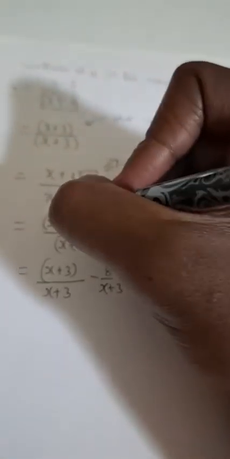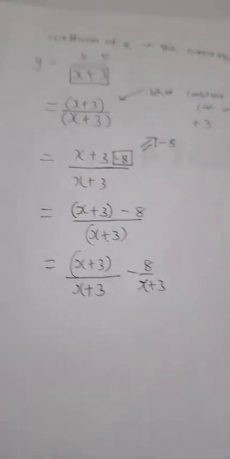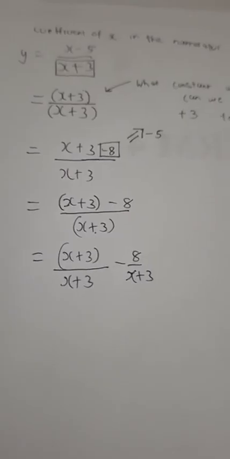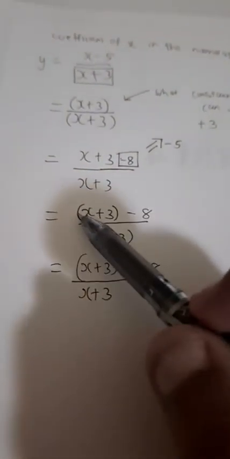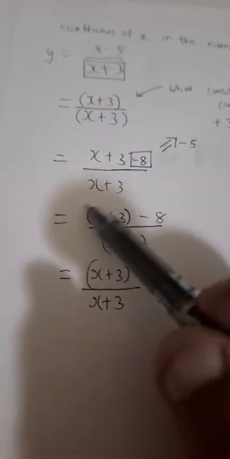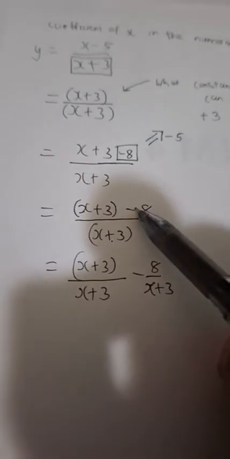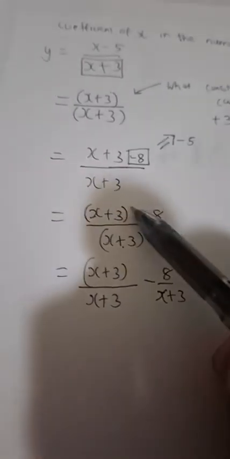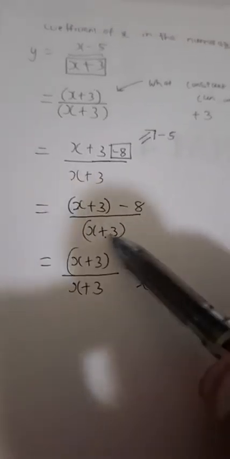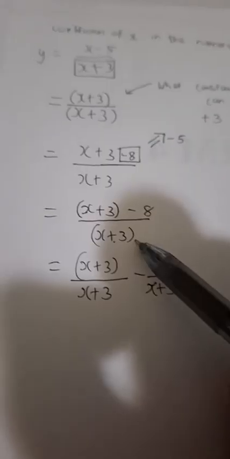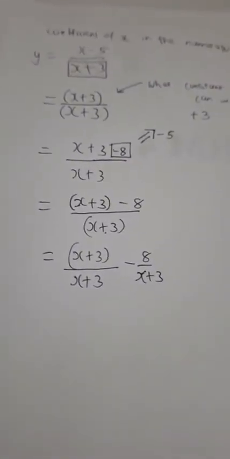Remember, guys, if I put brackets around this x plus 3 and I ask you in the numerator, how many terms do I have? Remember, a bracket combines 2 terms so that this becomes 1 term. So if I asked you how many terms there are in the numerator, you would say there are 2 terms. And if I ask you in the denominator how many terms, since there's a bracket around x plus 3, you would also say there is 1 term in the denominator.